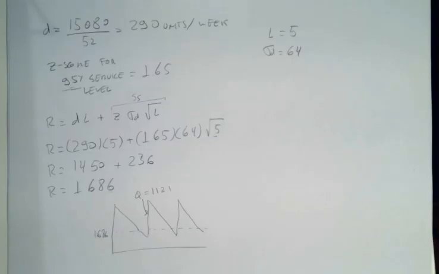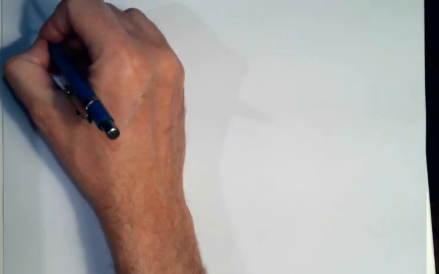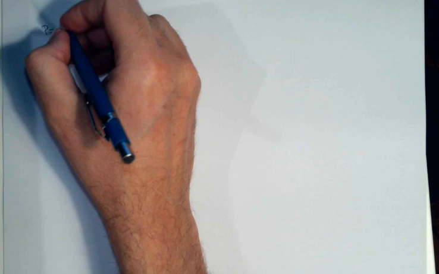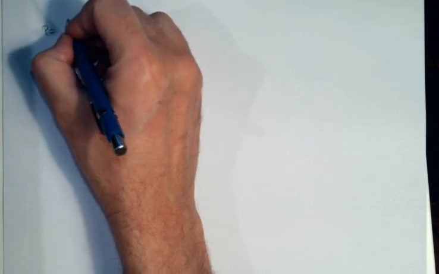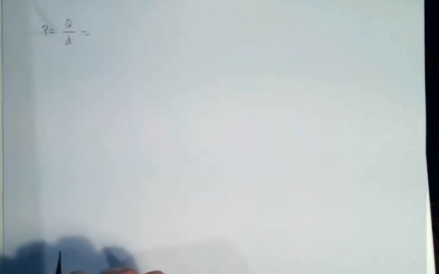Okay, so this was the problem we did with the Q system, right? And now we want to do that with the periodic review system. So the first thing we need to do is to calculate P. P is going to be the Q divided by the average weekly demand.